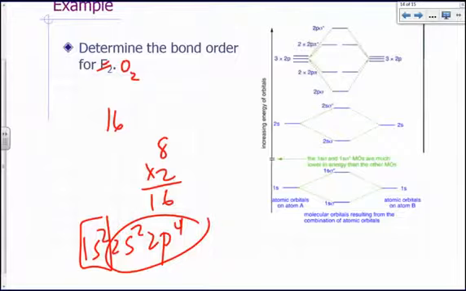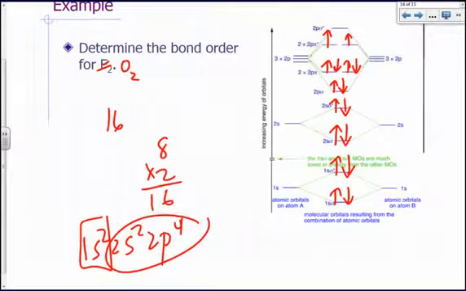So 16 electrons: 1, 2, 3, 4, 5, 6, 7, 8, 9, 10, 11, 12, 13, 14, 15, 16. Note that we're spreading out the electrons between the 2 pi orbitals before we pair them off.